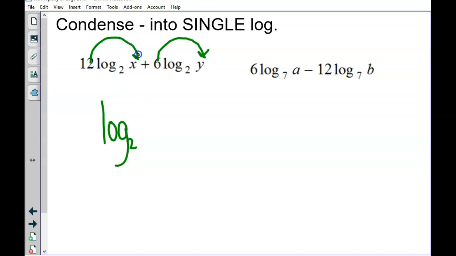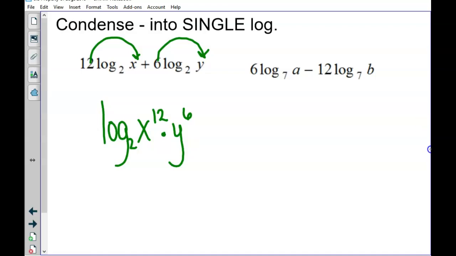Where does that 12 go? Yeah, so it's going to be x to the 12th. The plus becomes times and y to the 6th. And if you just put x to the 12th, y to the 6th, I'd know you meant multiplication.